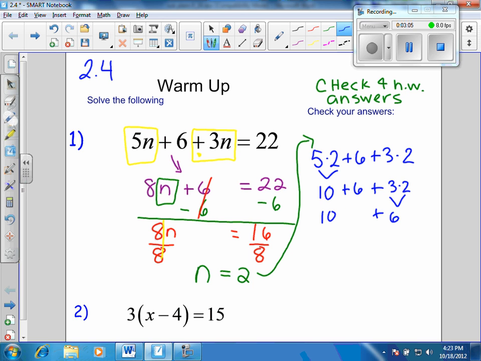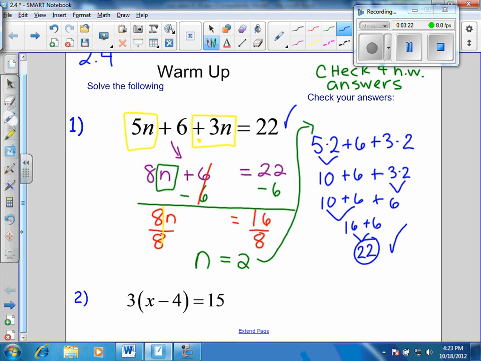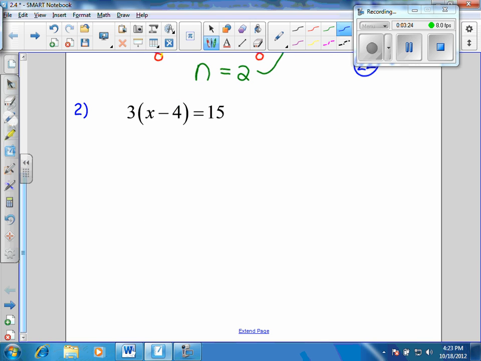So we have 10 plus 6 plus 6, which is 16, plus 6, and that's 22. So that matches this, so it checks. That's the first example.